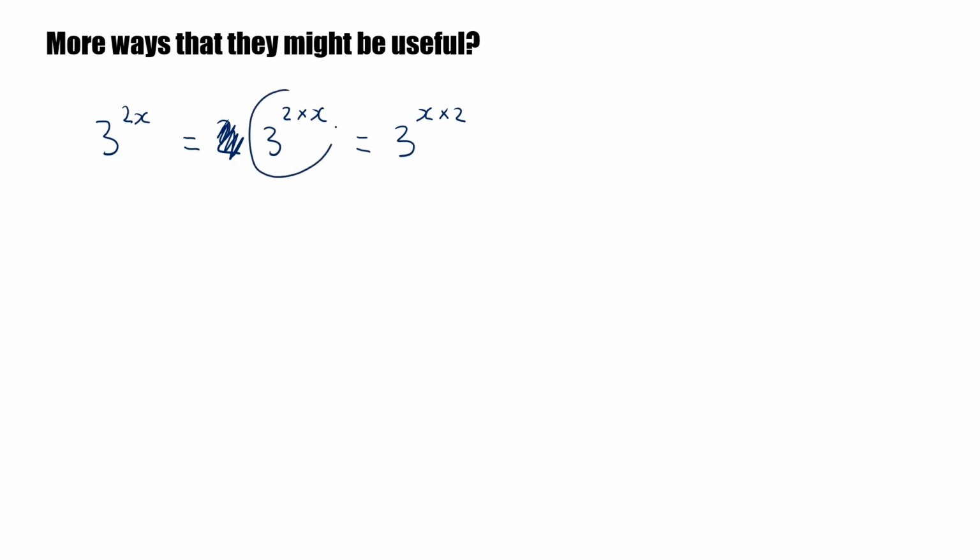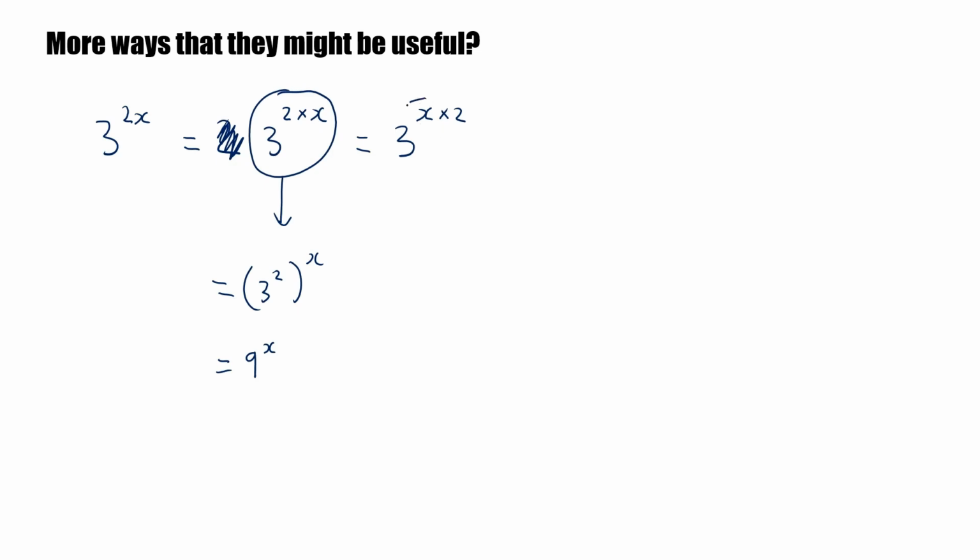If you had this, you could choose to write this as 3 squared to the power of x, if you wanted to. There are some scenarios where that might be something you wanted to do, because you then realize it's 9 to the power of x, and that might match up with some other things you have in an equation or something like that.